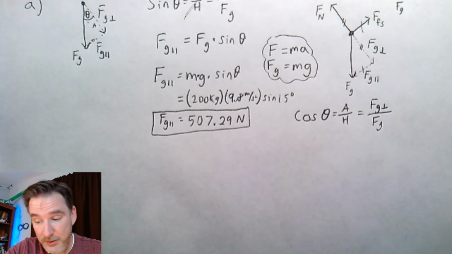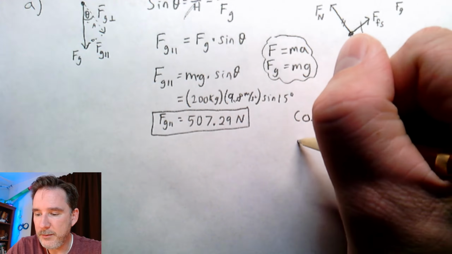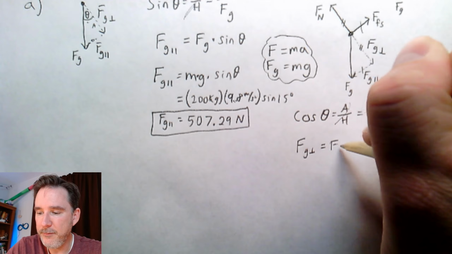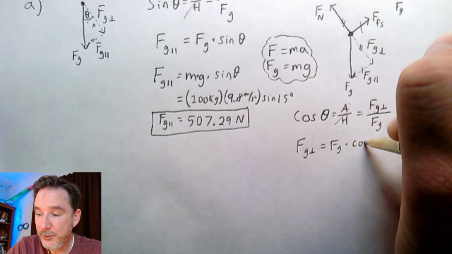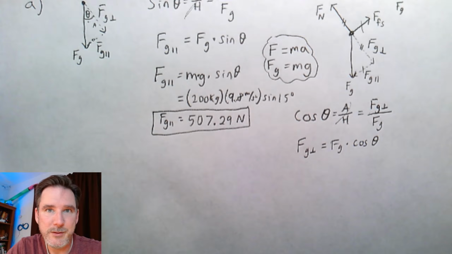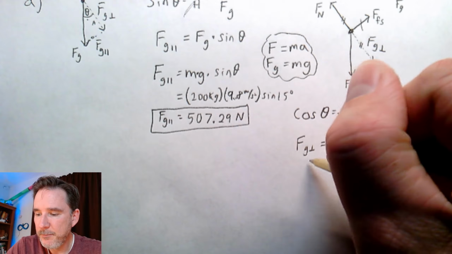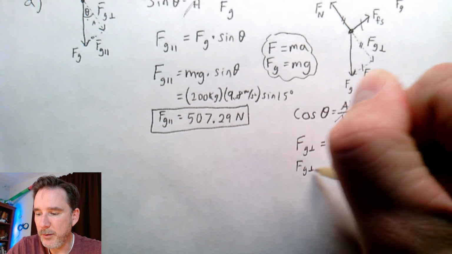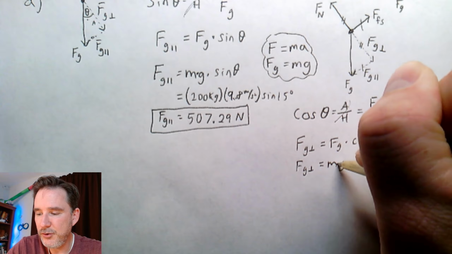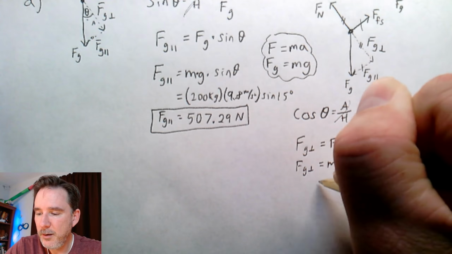If I rearrange that, Fg perpendicular is equal to Fg times cosine of theta. We see a pattern here. Knowing that Fg is mg, Fg perpendicular is equal to mg times the cosine of theta.